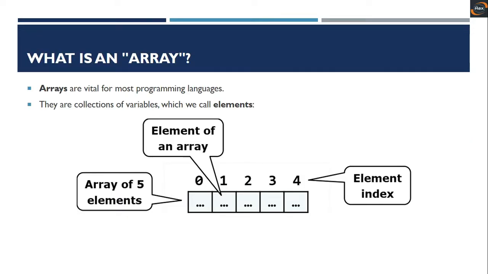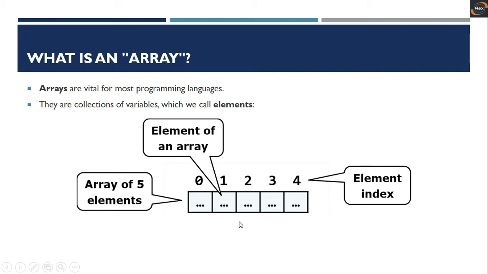Let's first define what an array is. An array is simply a collection of elements which are the same types. The elements are homogeneous, which means elements with the same type.